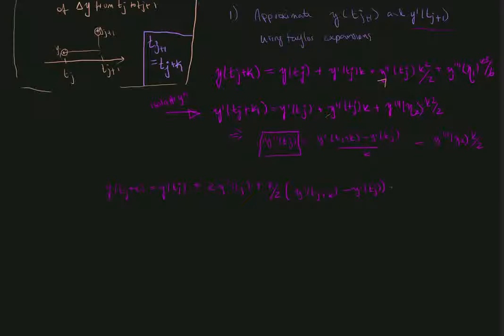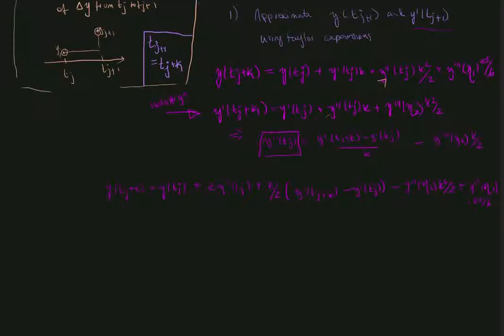And then I have minus y triple prime of eta 2 multiplied by k to the third divided by 2. And I add y triple prime of eta 1 multiplied by k to the third divided by 6.